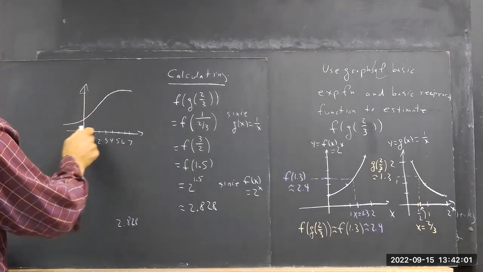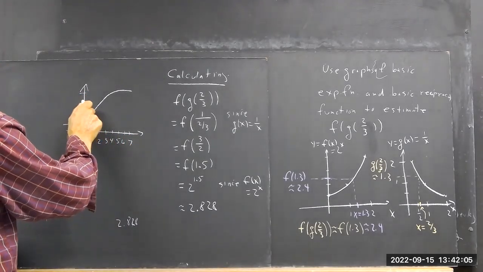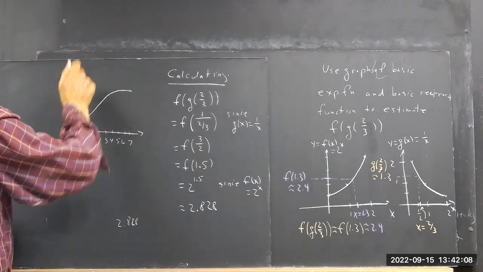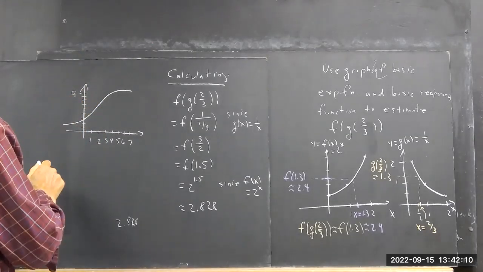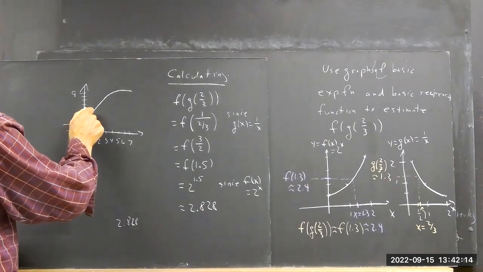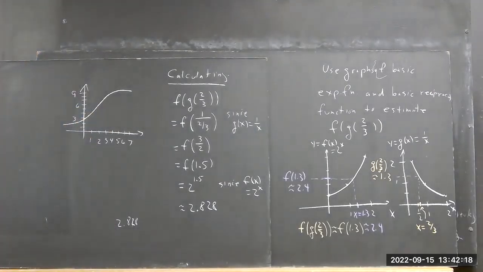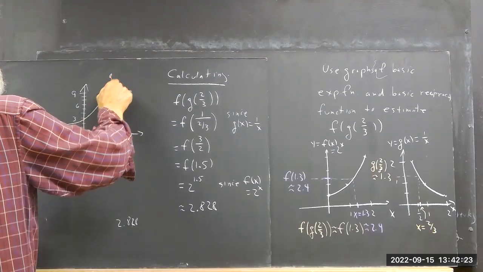And up here is 9, here's 3, here's 6. My scaling isn't great. But I can now make a table. Let's say this is our g of x function.